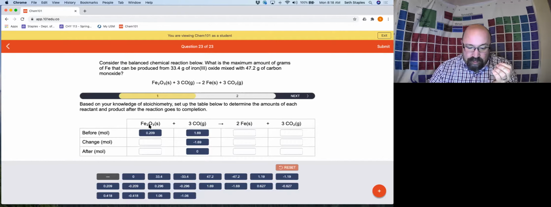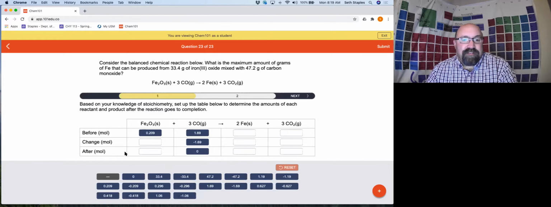And so if we had lost 1.69 moles of carbon monoxide, that means that we would have had to have lost 0.563. And for one thing, that doesn't even give me the option here in Chem 101 of putting 0.563 in, so we know something's up there.